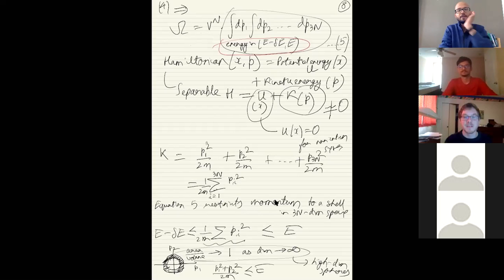Oh wait, does omega have units of volume to the n? What do you expect omega to have units of? It's the number of microstates, right? So in principle, you expect it to have no unit, right? So this omega is going to have units, and that's where the paradoxes start to come in. Good job. If you stay with this omega, you will find that certain thermodynamic quantities are no longer extensive.